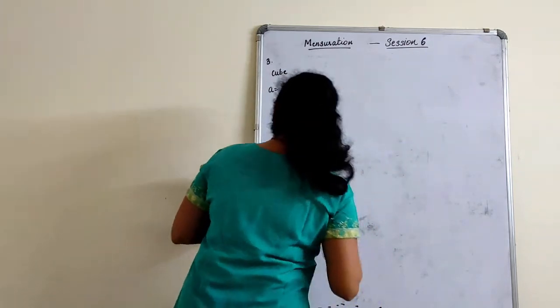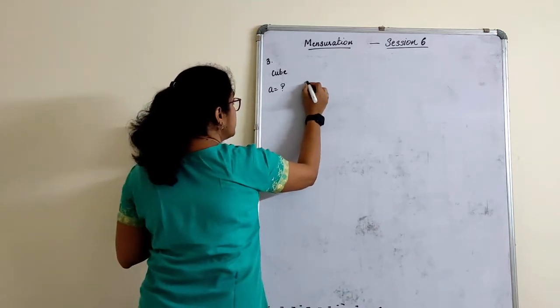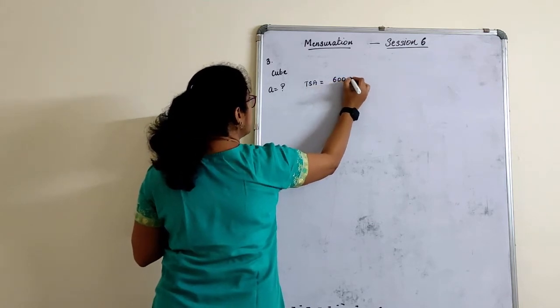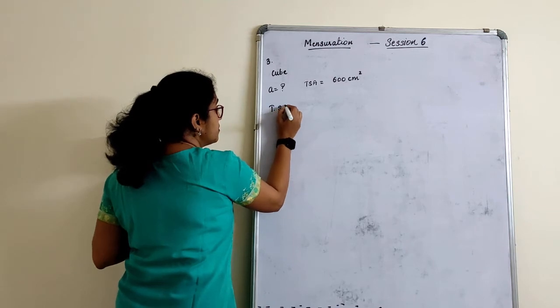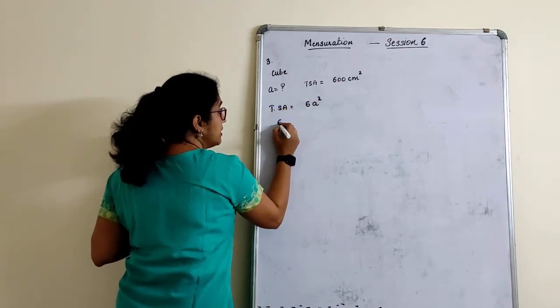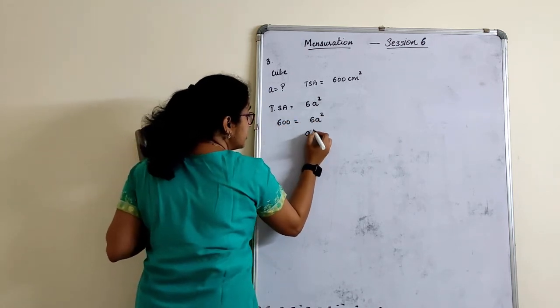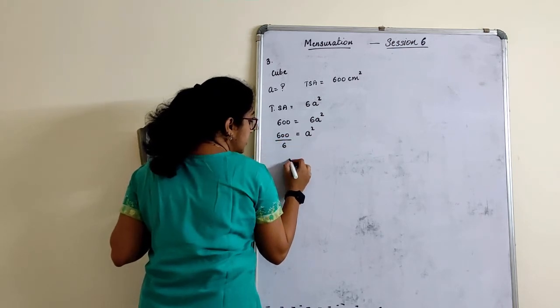So we have to find A, whose surface area, that is TSA, which is given as 600 centimeter square. TSA of a cube is 6A square. Formula TSA is 600 equals 6A square. A square is equal to 600 by 6.